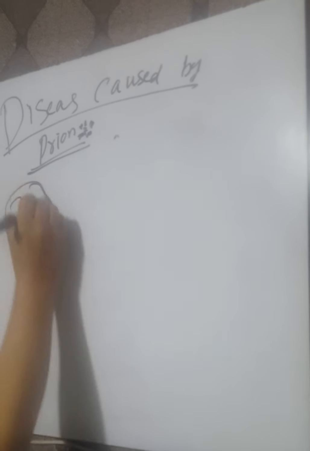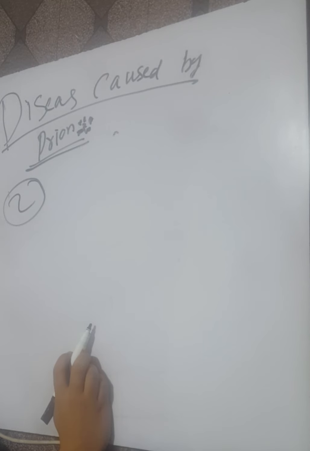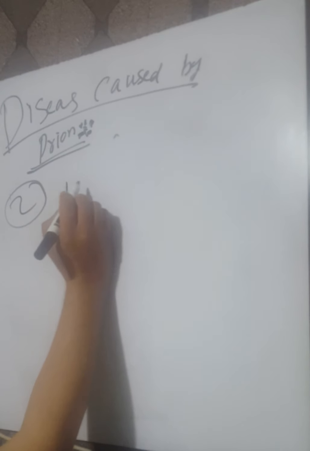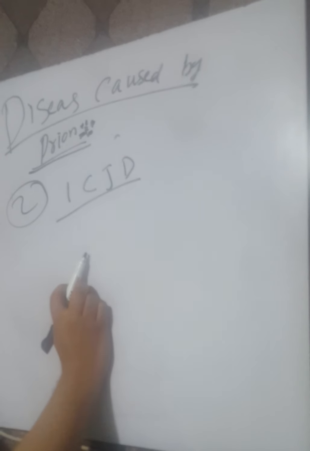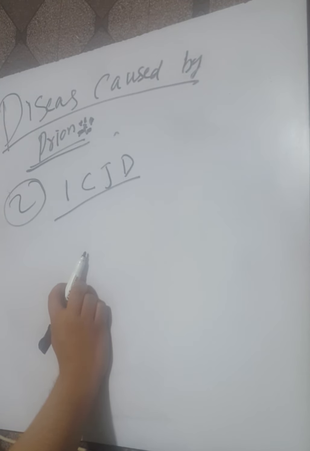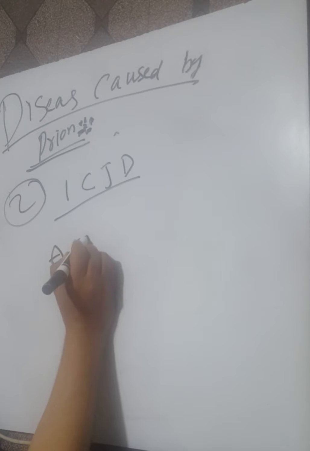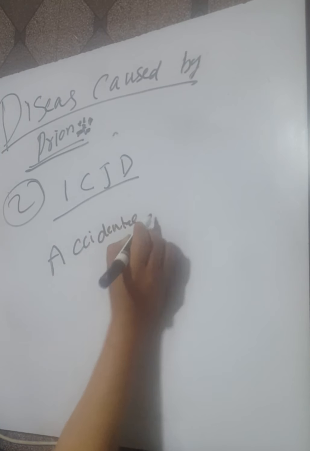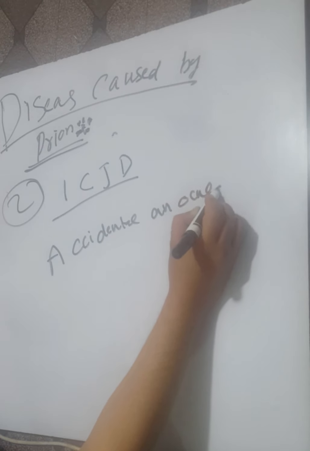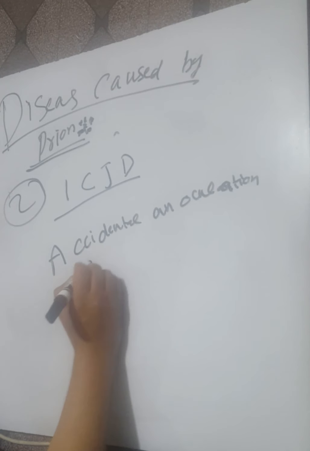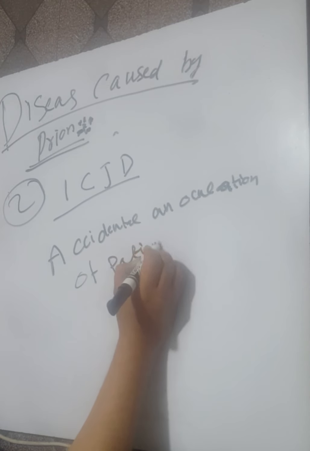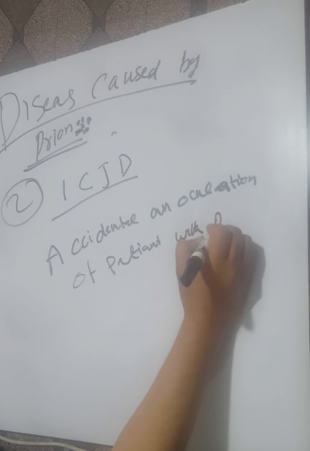The second type is the heterogenic Creutzfeldt-Jakob disease, seen as a result of accidental inoculation of a patient with prion.